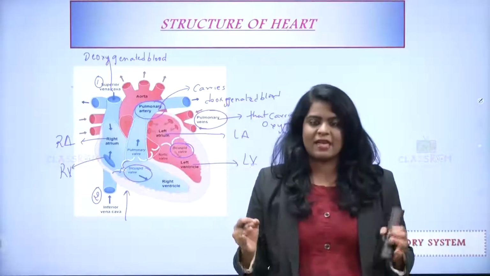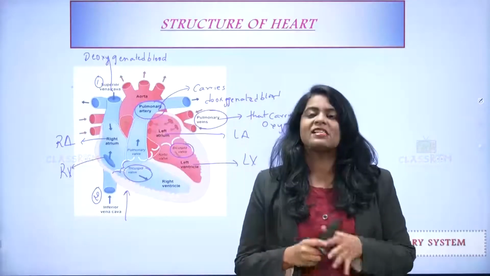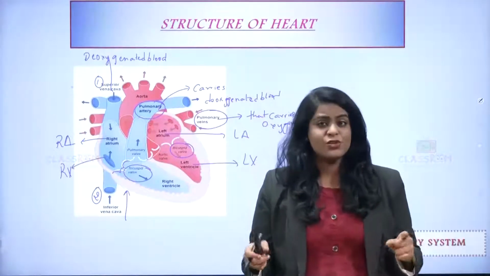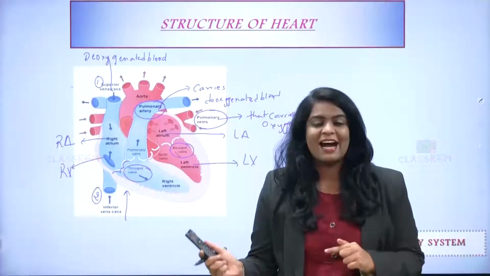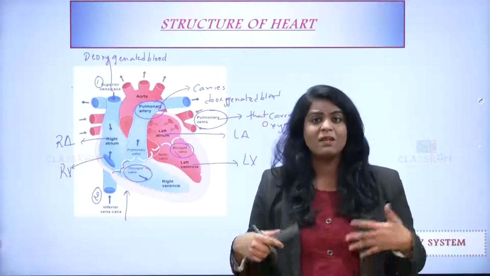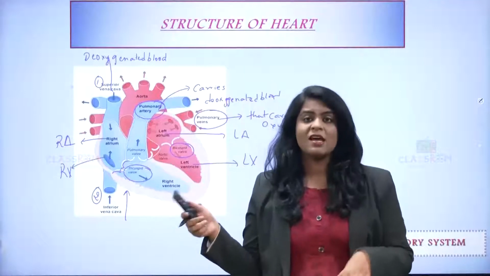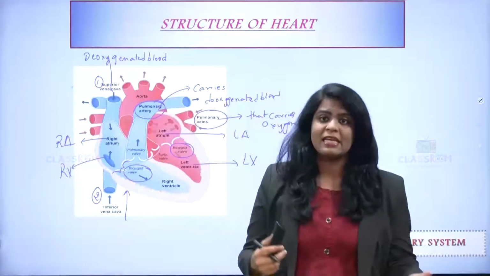So let me tell you guys something. Always arteries carry pure blood, whereas veins carry impure blood, okay. But that is not true for pulmonary artery and pulmonary vein, because the pulmonary artery is carrying impure blood over here, right, and the pulmonary vein is carrying pure blood.